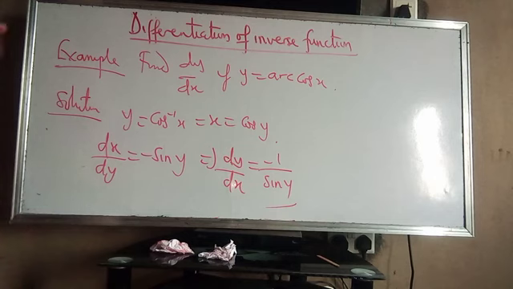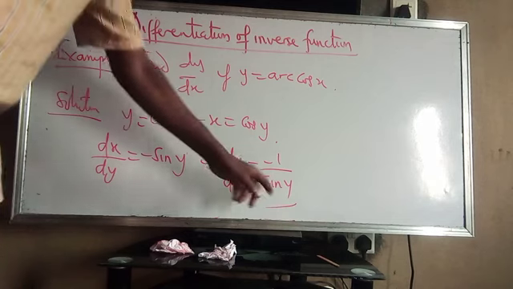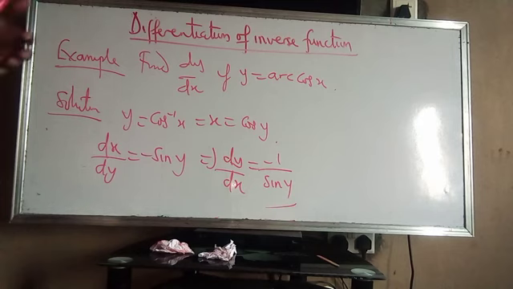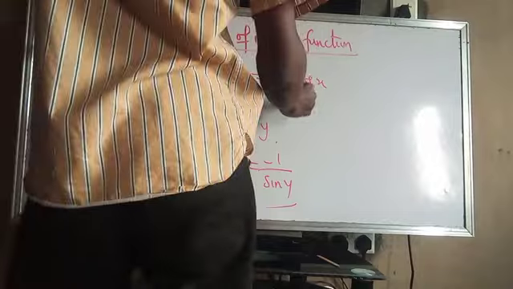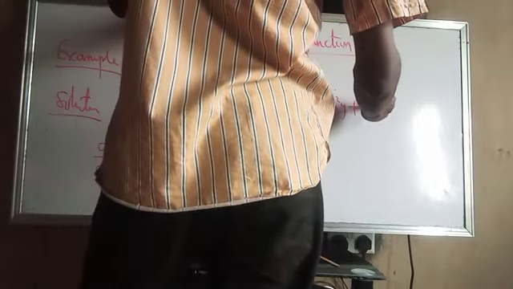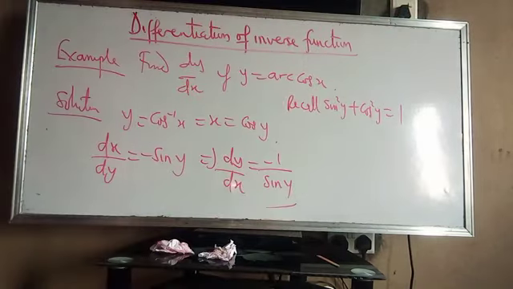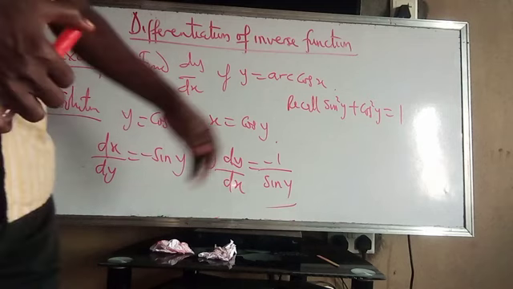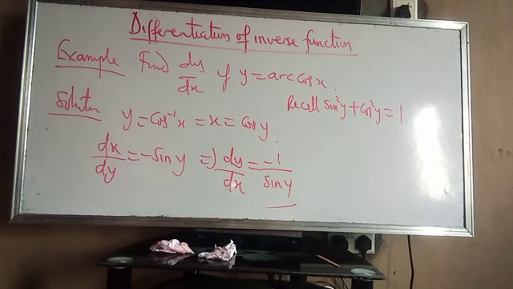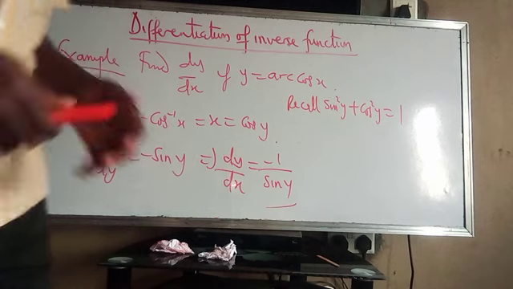Okay? Now, how do we get sine y? We recall that sine square y plus cos square y is equal to 1. How do you find the equivalent? We need something like sine y.